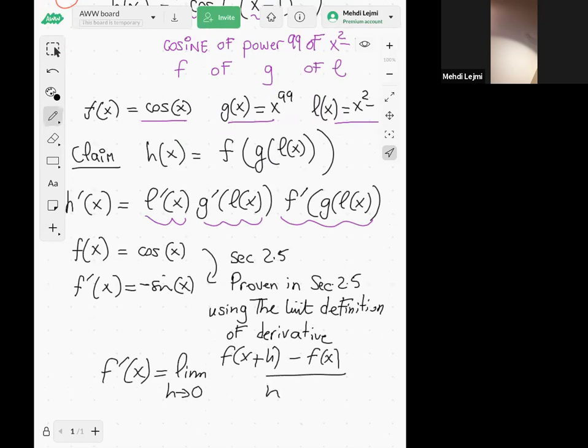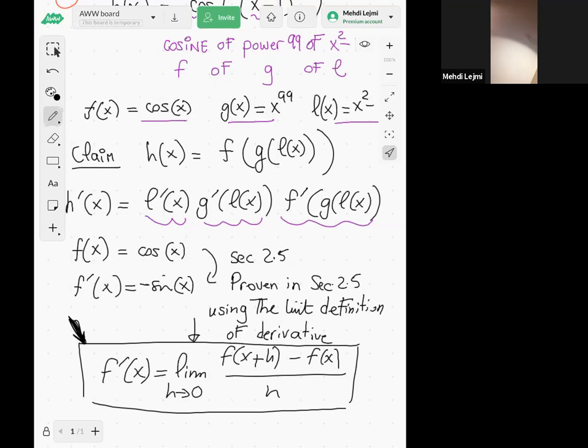This is the first definition of the derivative, right? We used this in section 2.5 to compute the derivative of cosine, and we proved that the derivative of cosine is actually minus sine. We did the same for sine of x: using this limit definition, we proved that the derivative of sine is cosine, etc., etc.